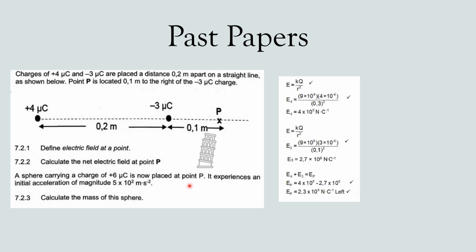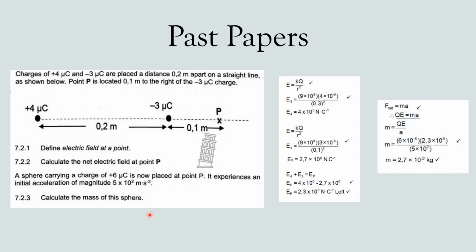A sphere carrying a charge of +6 is now placed at point P. So +6 is placed here. It experiences an initial acceleration of magnitude 5 times 10 to the 2. Calculate the mass of the sphere. This is a very unusual question, but it could come out.